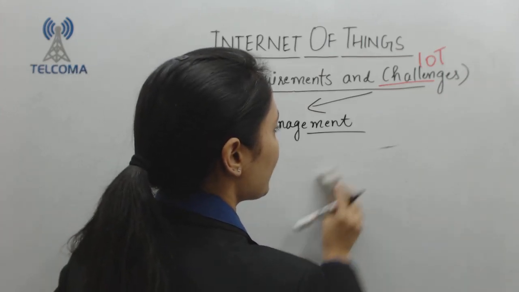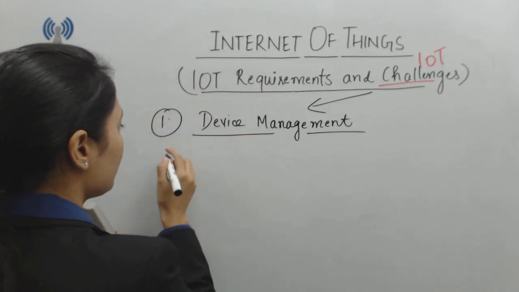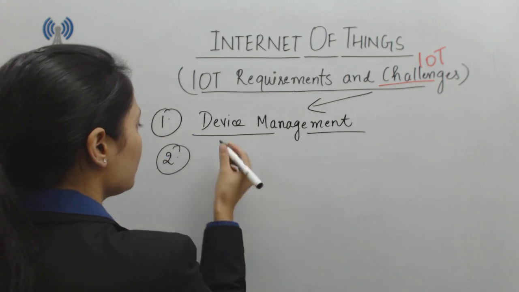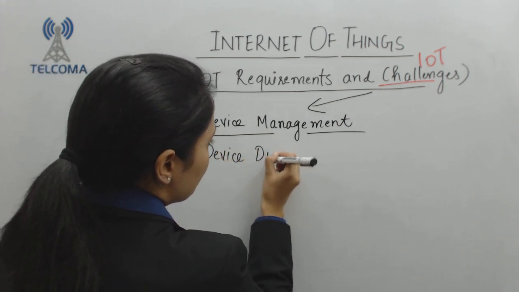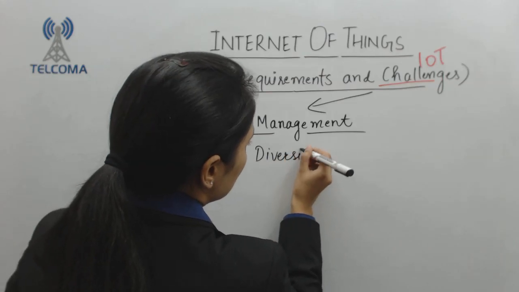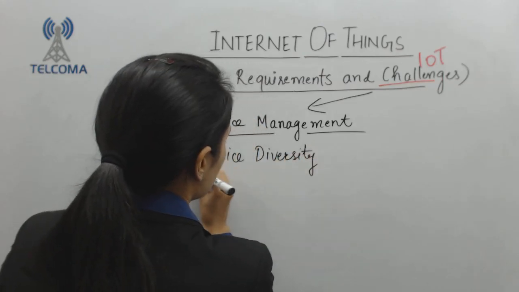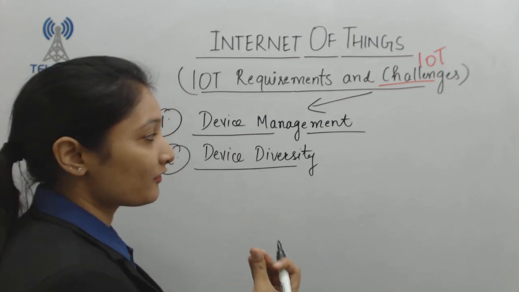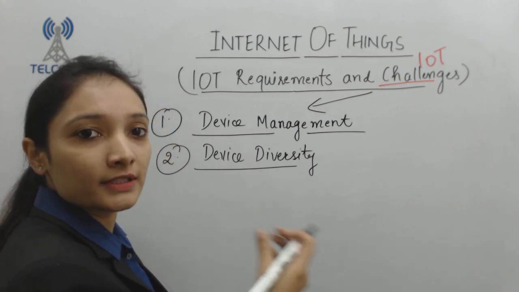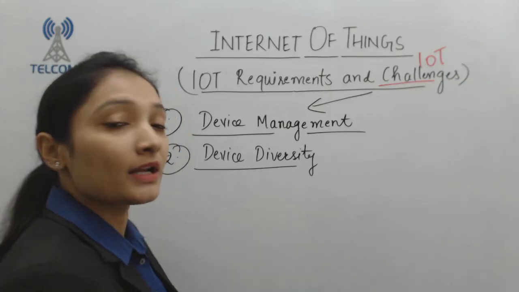Now, after device management, you have the next challenge as device diversity. So, device diversity can put a question mark on the interoperability of these devices, because we will have a different number of devices.